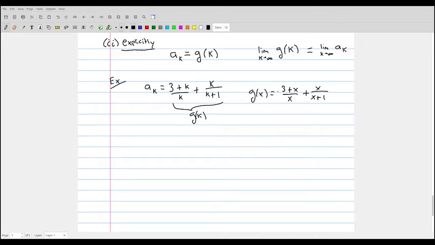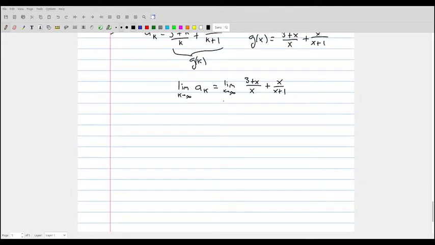The main property is that the limit of this sequence as k goes to infinity is going to be the same thing as the limit as x goes to infinity of the function (3 plus x) over x, plus x over x plus 1.